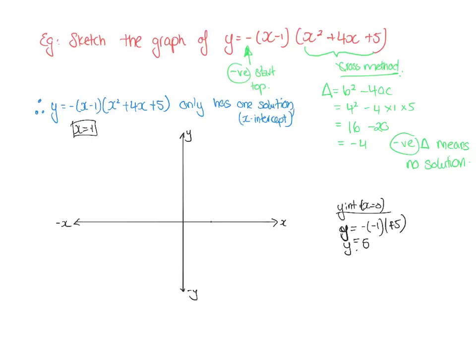Here's the x-intercept, 1, 0, and up here is our y-intercept, which is 5. This is a negative graph, so we will start up in this corner, and it could go something like that. A pretty bad graph, but check it on the calculator.